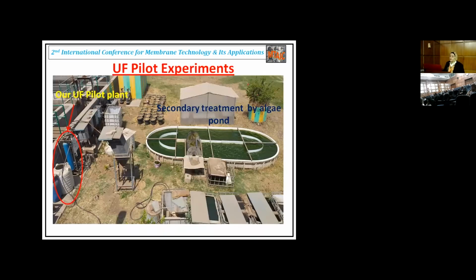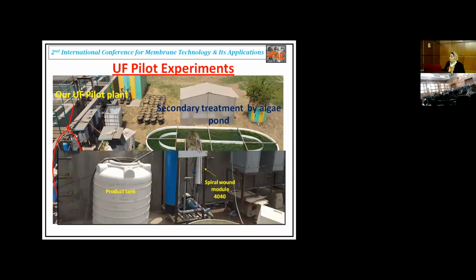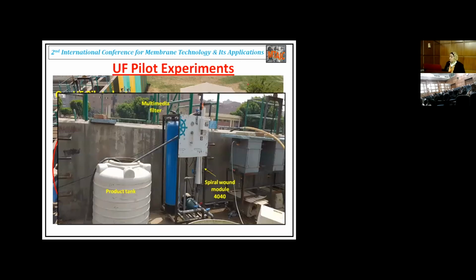We have a UF pilot plant in Zenin station. We are using it as a tertiary treatment after secondary treatment by algae. This is our pilot plant. We use the spiral wound module 4040, fabricated in our labs, and multimedia filtration, just to make a water treatment after algae.